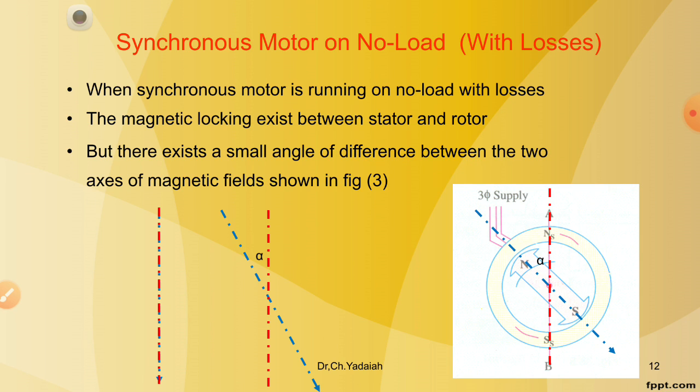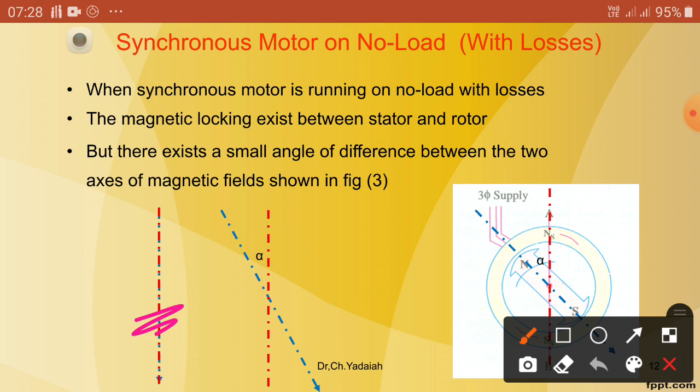Now, you can see in the figure, the red color is the stator magnetic field and the blue color is the rotor magnetic field. In between there is an angle. In the first case you can see here, both coincide, but that is not practical.